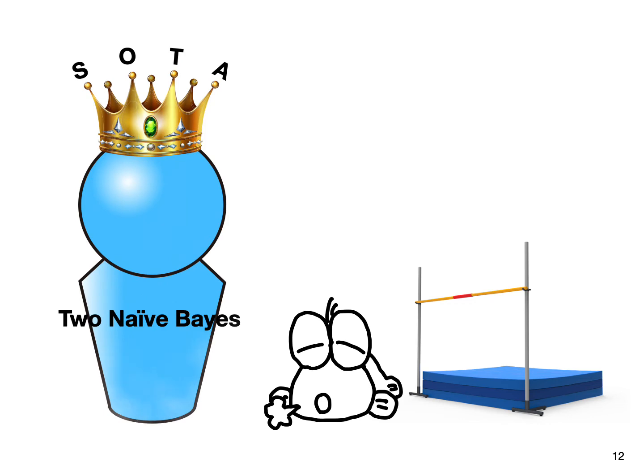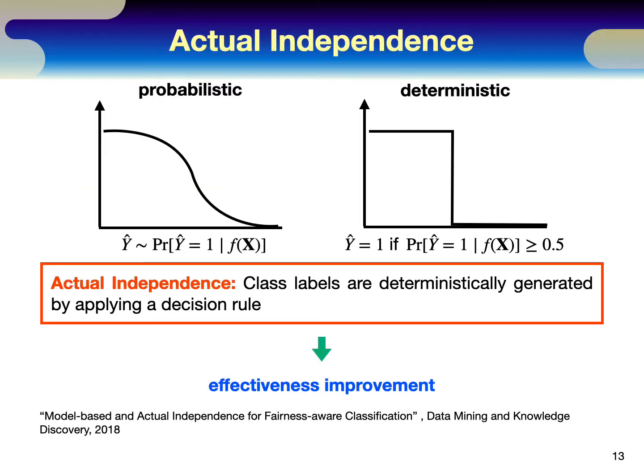However, the two naive Bayes methods still hold the crown. This model was more accurate and much fairer than my model.